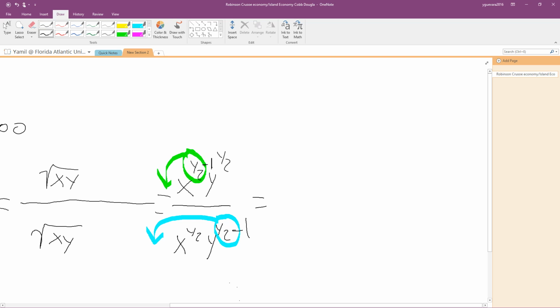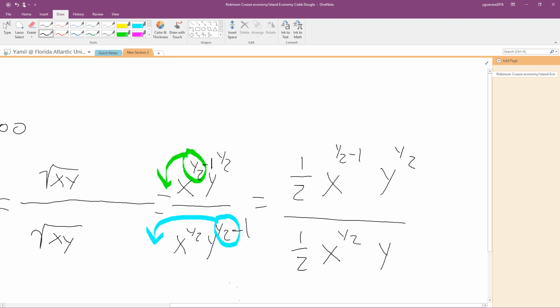So let's do that. So we have 1/2 times x to the 1/2 minus 1, y to the minus 1 by the power 1/2, over 1/2 x by the power 1/2, and y by the power 1/2 minus 1.